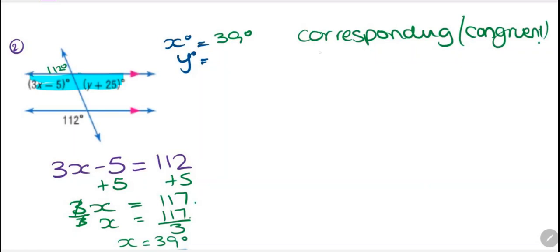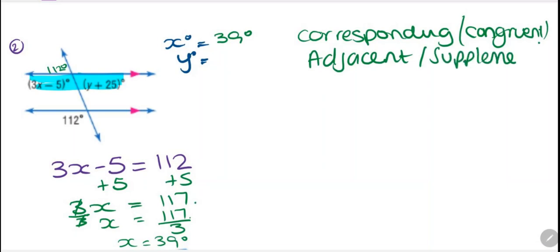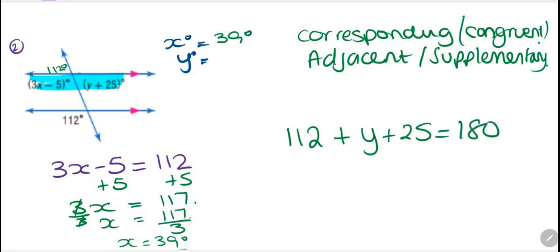And for our y value, we're going to say adjacent, and they are supplementary. So we got 3x, we know that's 112. So 112 plus y plus 25 is 180.